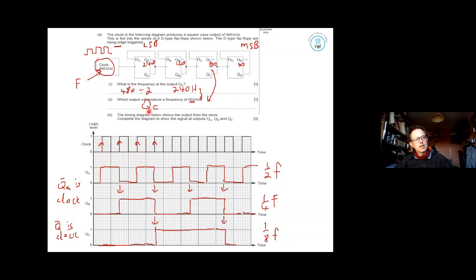For the second D-type flip-flop, it is the falling edge which triggers the next one. Falling edge of QA means you've got a rising edge on the not Q, which feeds in. Tricky, memorize it. So there's your binary counter.